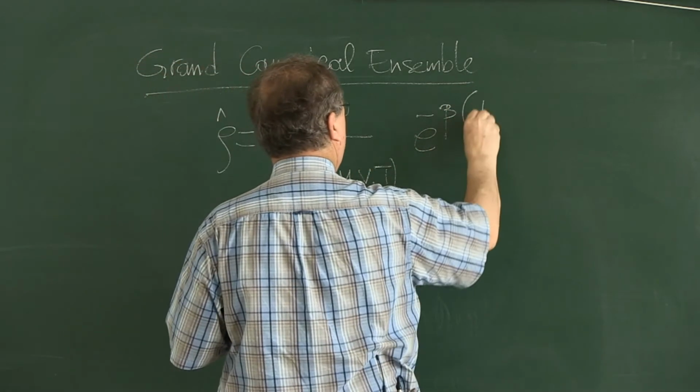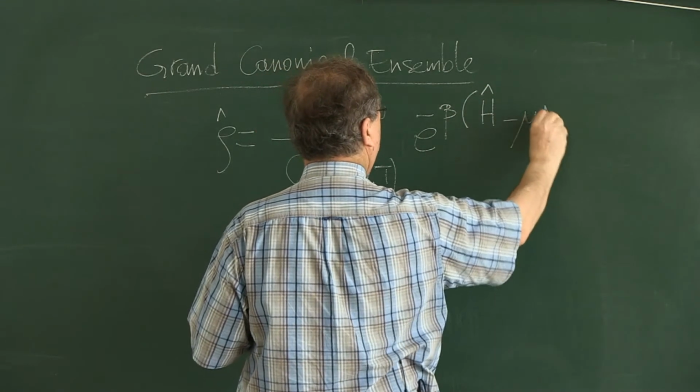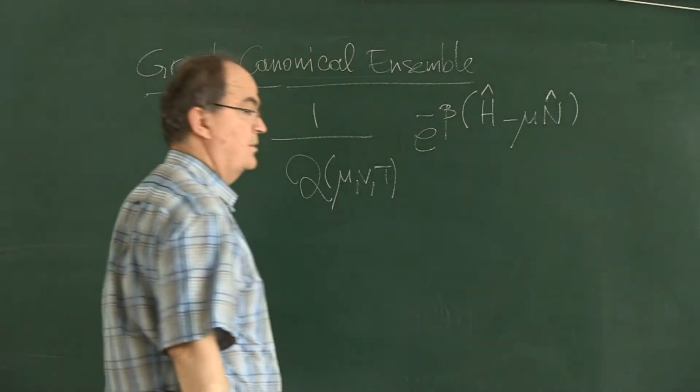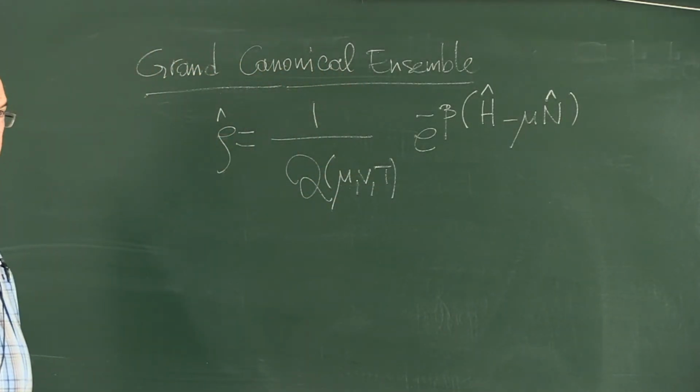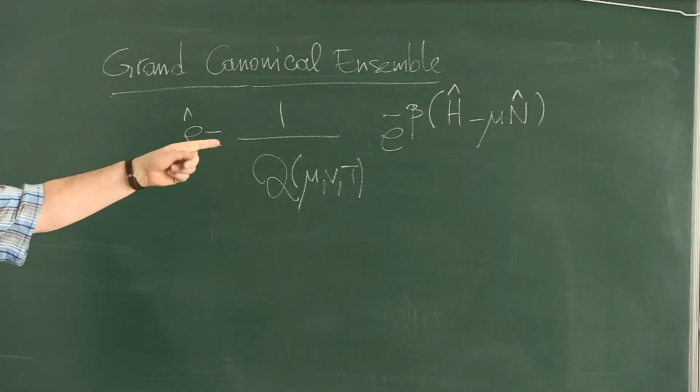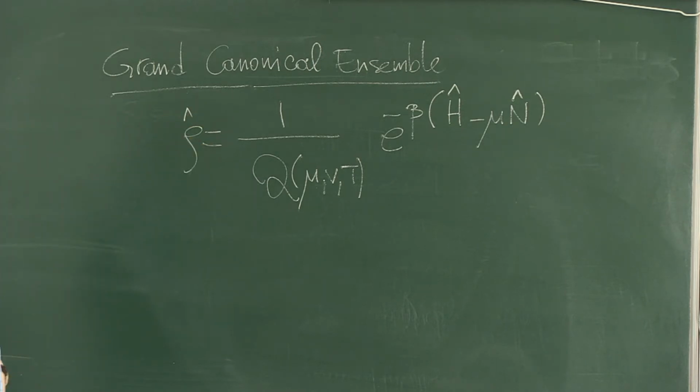Now we have both the Hamiltonian operator and the number operator. Okay? And rho commutes with both H, the Hamiltonian, and the number operator N, which gives you the number of particles in your system.